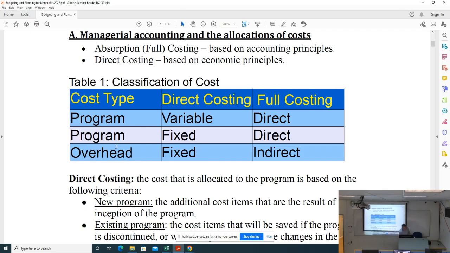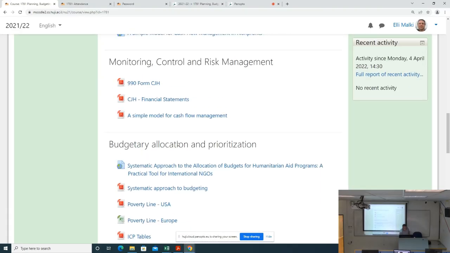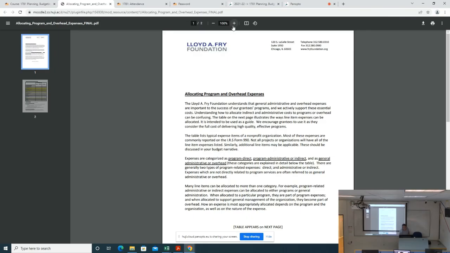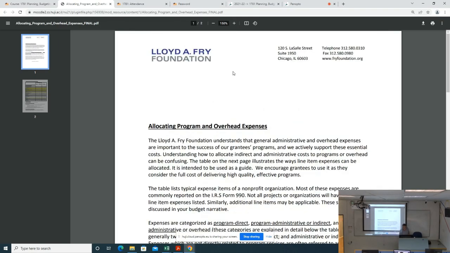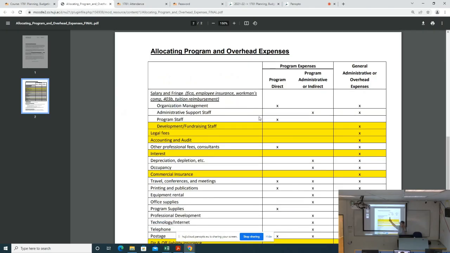And again, I want to remind you of a table that I showed you in the previous class. Let me find it. If you remember, in the previous class, I showed you a table by the Fry Foundation, which exactly identified cost by exactly the same criteria.